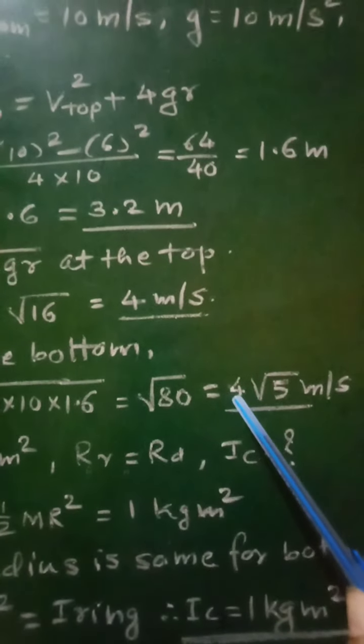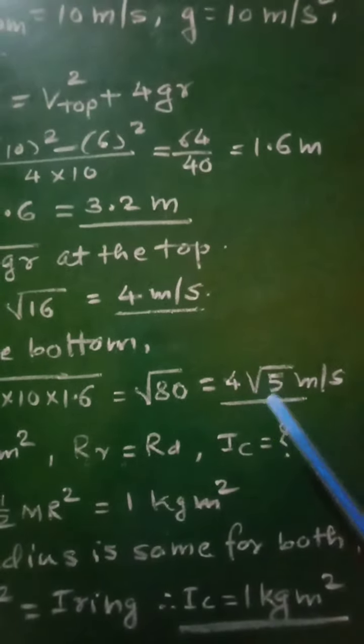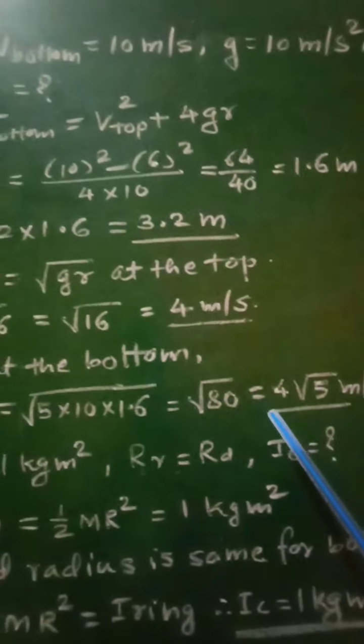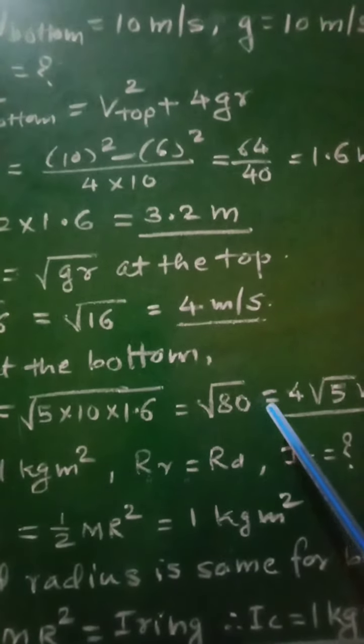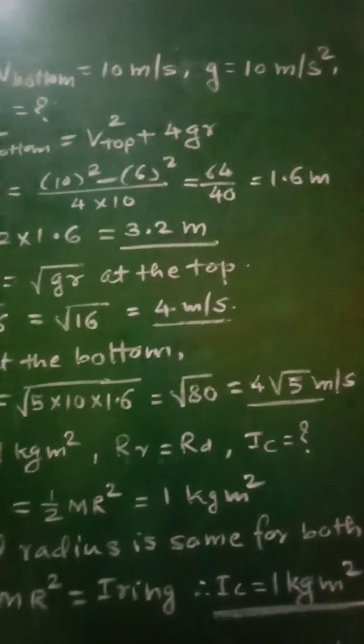So square root of 16 is 4, and root 5 meter per second. This will be the minimum value of velocity at the bottom position.